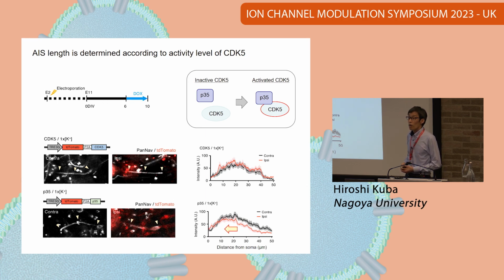These results were compatible with the idea that the activity of CDK5 is important for the AIS shortening, because CDK5 is ubiquitously expressed and its activity is regulated by the level of p35.